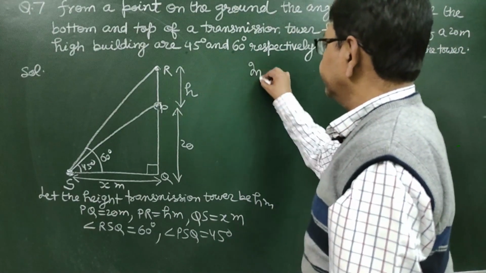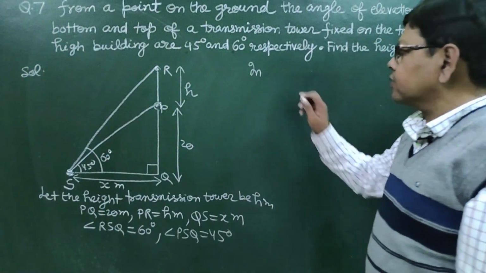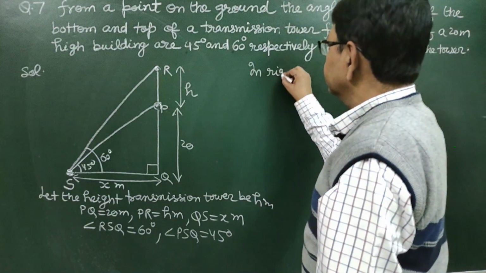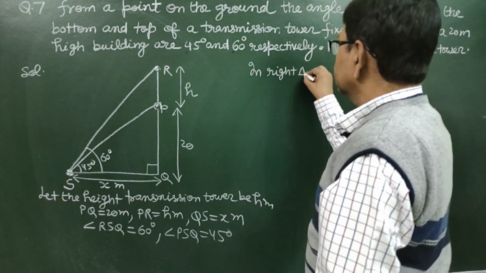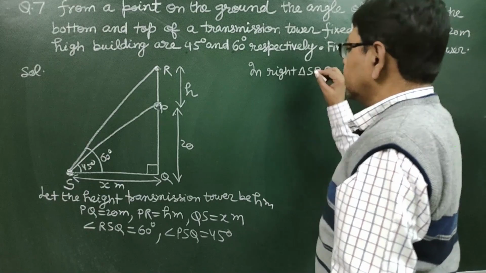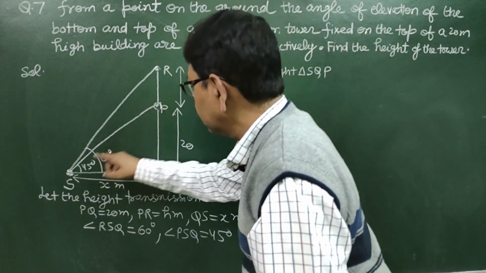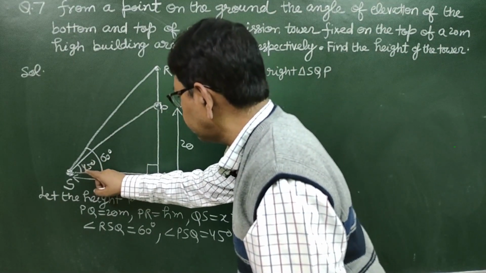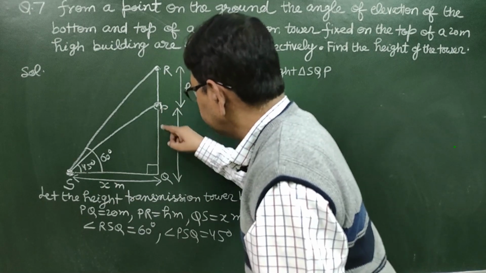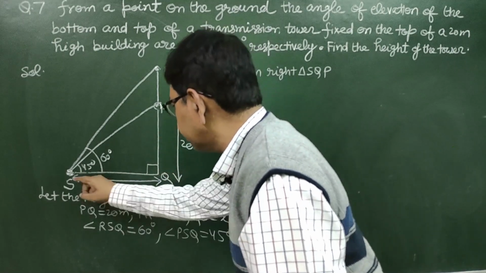So in right triangle SQP, we will consider the trigonometric ratio tangent of this angle, because perpendicular is involved and base is involved.